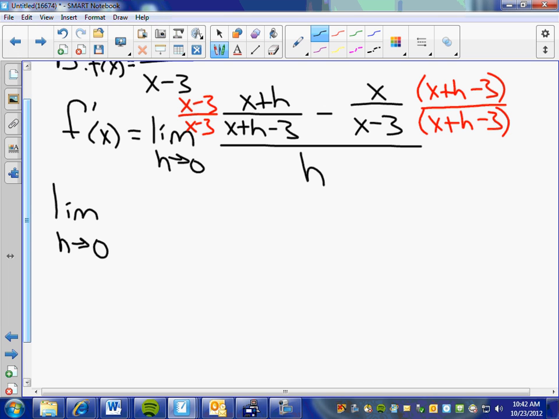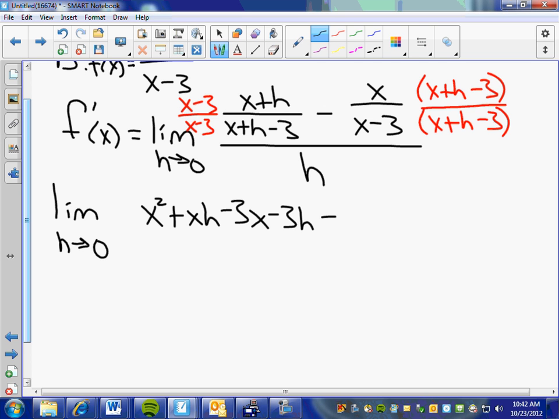Where's the limit as h approaches 0 of? What do you get right here? Very good job, Greta. Now what?